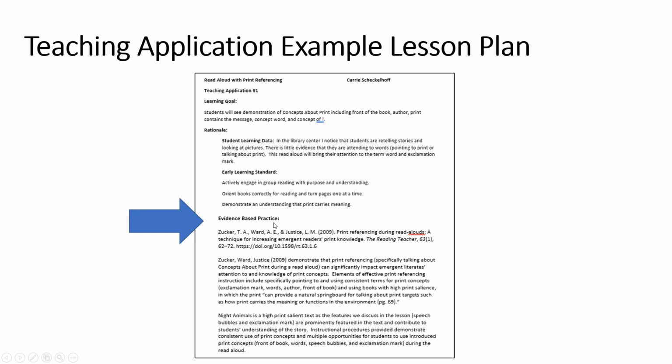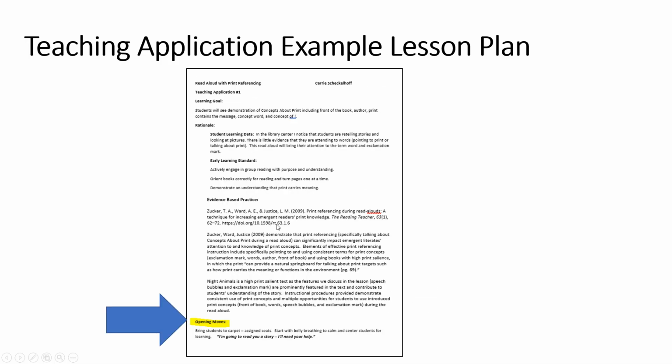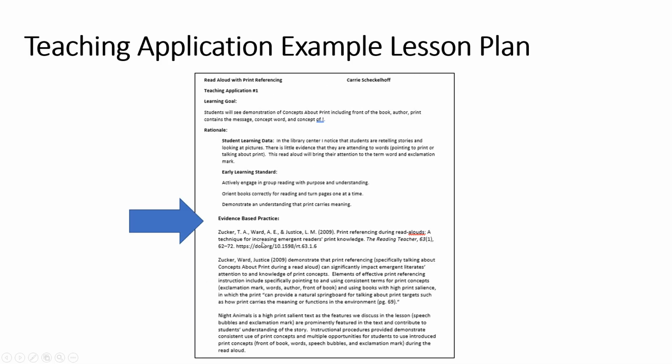Remember, in the state of Ohio, we can't teach anything unless it's research evidence-based, an approved curriculum, or research supported. For your evidence-based practice, you could take the annotation you did for Zucker, Ward, and Justice. This describes how to do print referencing read aloud, and you could pop that right into this lesson plan document.